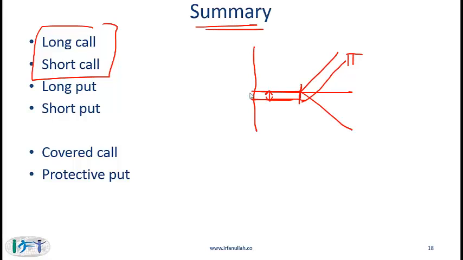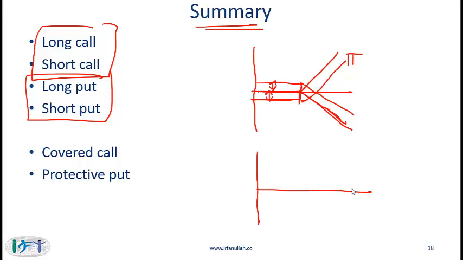The profit for the short call is this picture over here, where we take the short call payoff and add the amount that we receive when we sell the call option. For long put and short put, this is the payoff on the long put, where we make money if the stock price goes down.